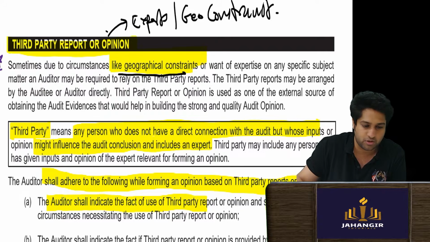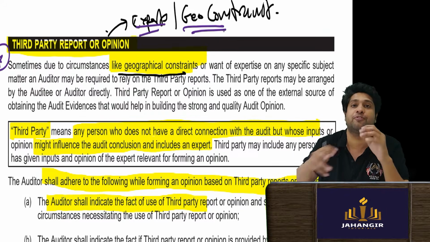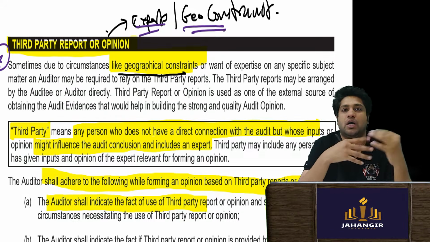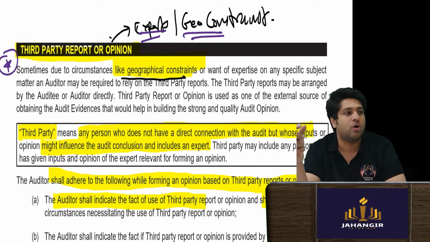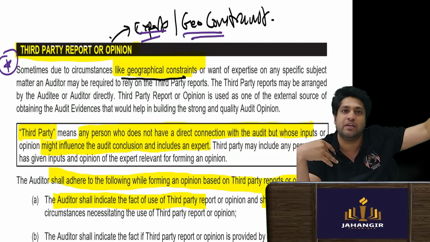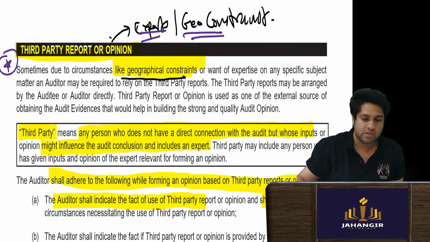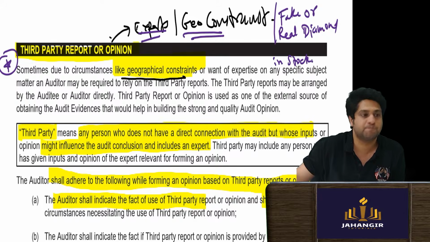A third party report, as I told you. Now understand, due to geographical constraint I cannot go abroad, or due to expert view, the auditor can take the opinion of an expert. For example, to check whether the diamonds in stock and trade are fake or real.